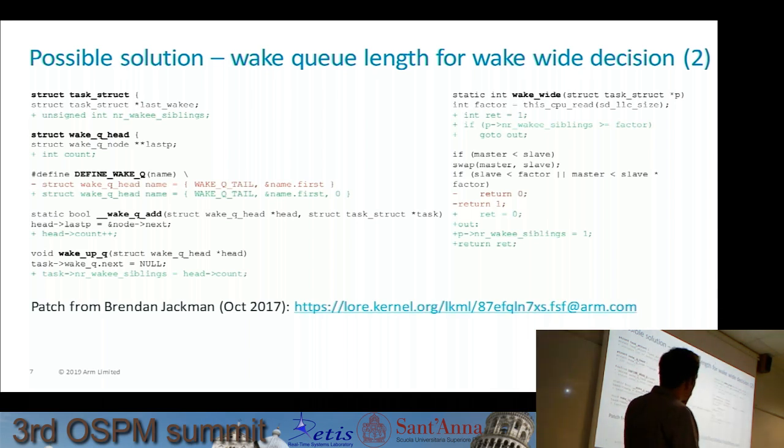It doesn't have to be wake_wide, but essentially in the decision point where we say select idle sibling or slow path, if we hit this condition that the wakee sibling number is bigger than the LLC size, then we return 1. So there was a patch in October 2017. Unfortunately, we didn't push it further back then.